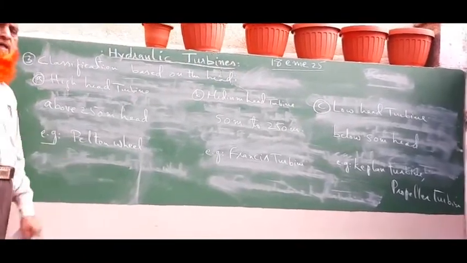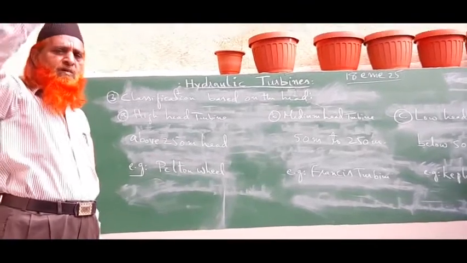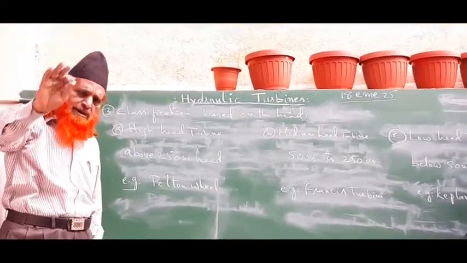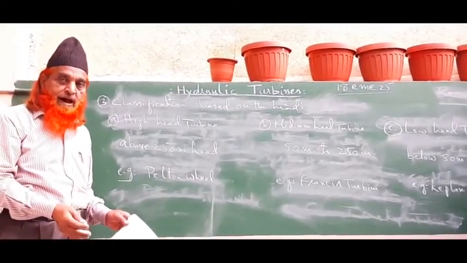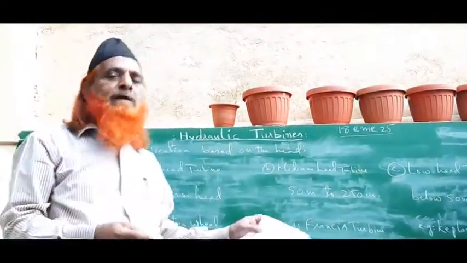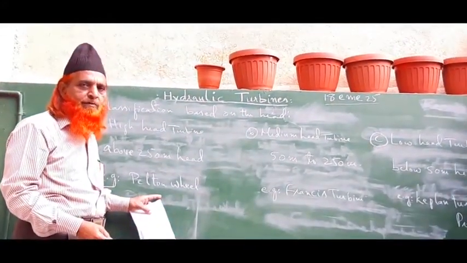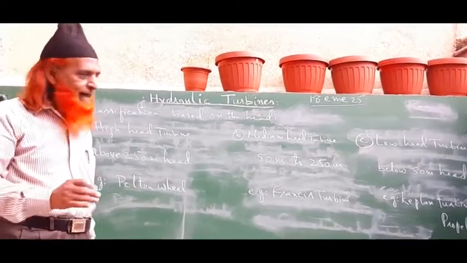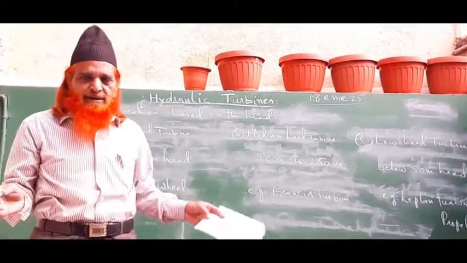Pelton wheel needs high head. The head is supposed to be more than 250 meters. Very often in between 250 meters to 800 meters, the dam will be constructed where the Pelton wheel is operating. Where the head is available above 250 meters, there only a Pelton wheel type of turbine can be used for generating the power. If the head is not available that much, if it is lying in between 50 meter to 250 meter, because this is depending on the catchment area, everything.